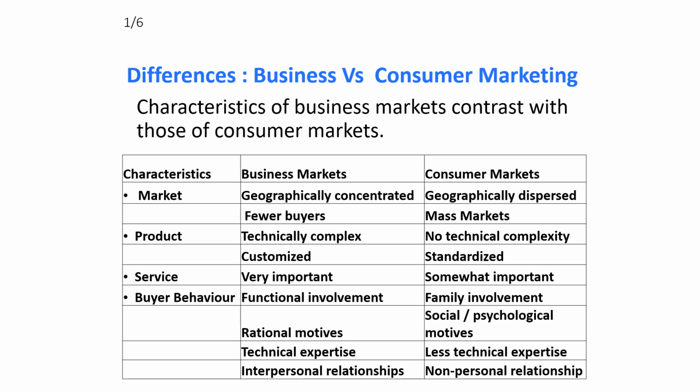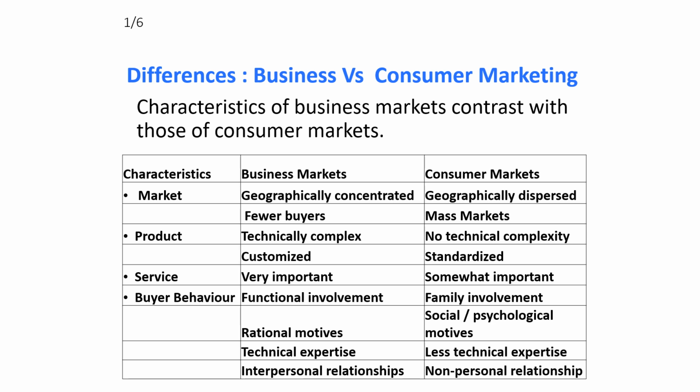Service is very important in the business market, because after selling the equipment or machinery, the sales team always has to visit the industrial customer to see whether he is satisfied or whether anything needs to be done to satisfy him more. So after-sales service is very important in business marketing. In consumer markets, service is also there, before sales, during sales, and after sales, but it is not so important. It depends on the product.